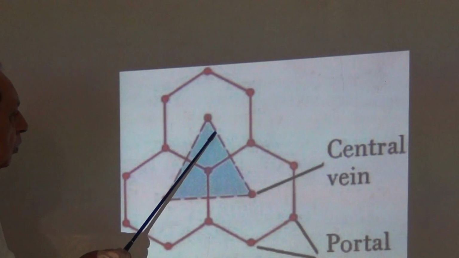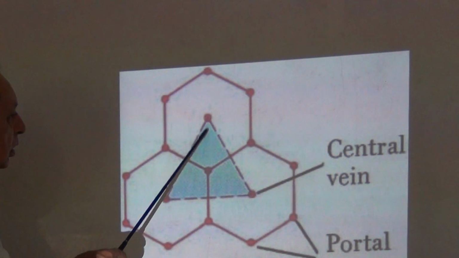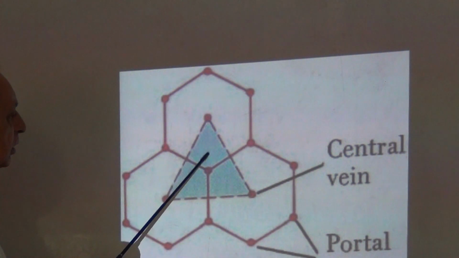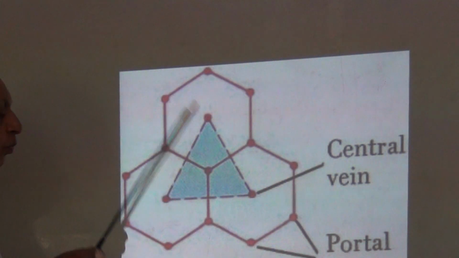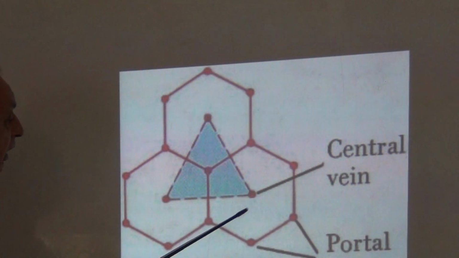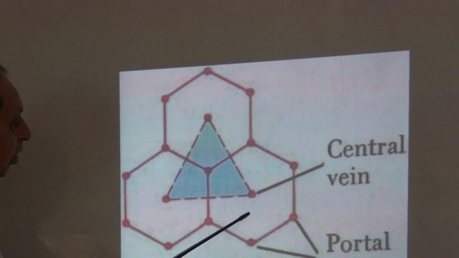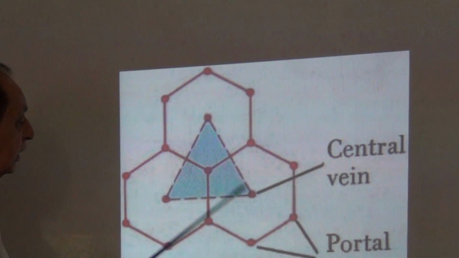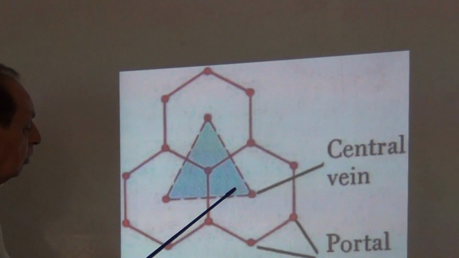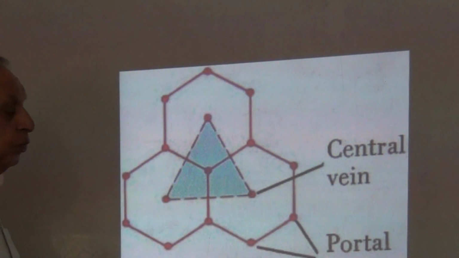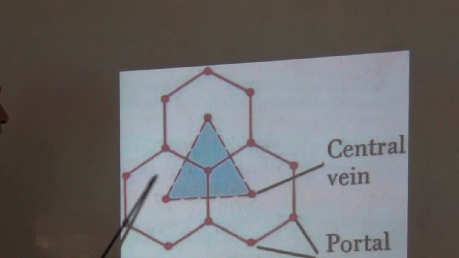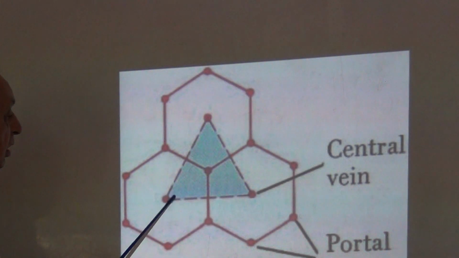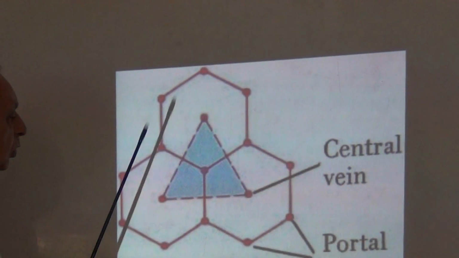This portion's bile enters into the portal area, and the adjacent area of this hepatic lobule also drains its bile into the portal area bile duct, and in the same way this area drains its bile into the portal area.